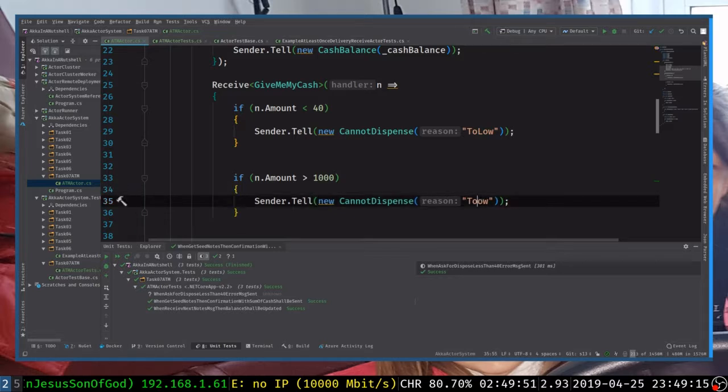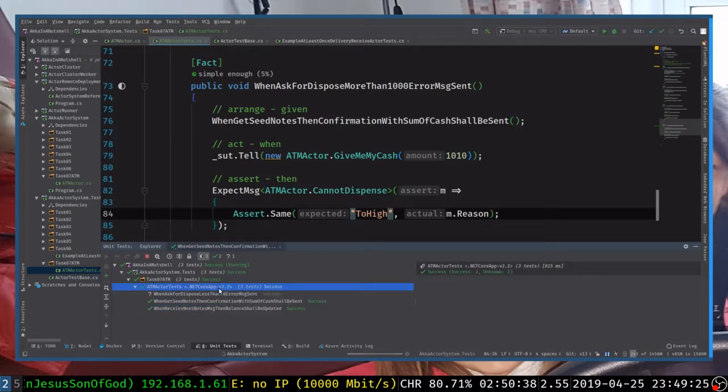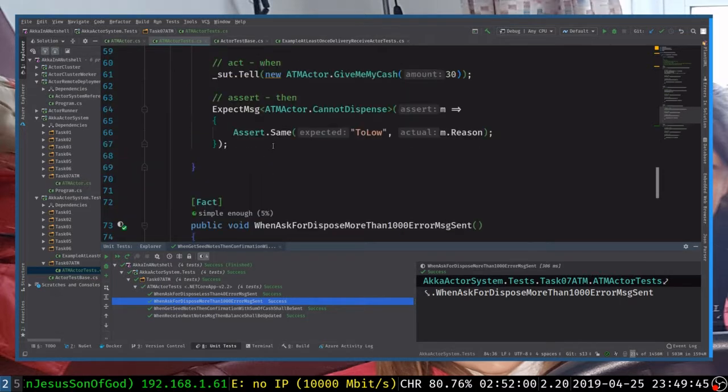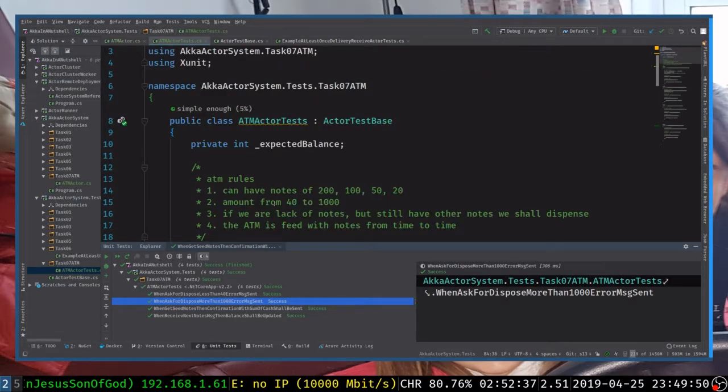Yes, I need too high. Okay. So as we fixed the test before we started, then we expect a little bit of a green light. Perfect. So now what we covered is dispense notes amount from 40 to 1000.